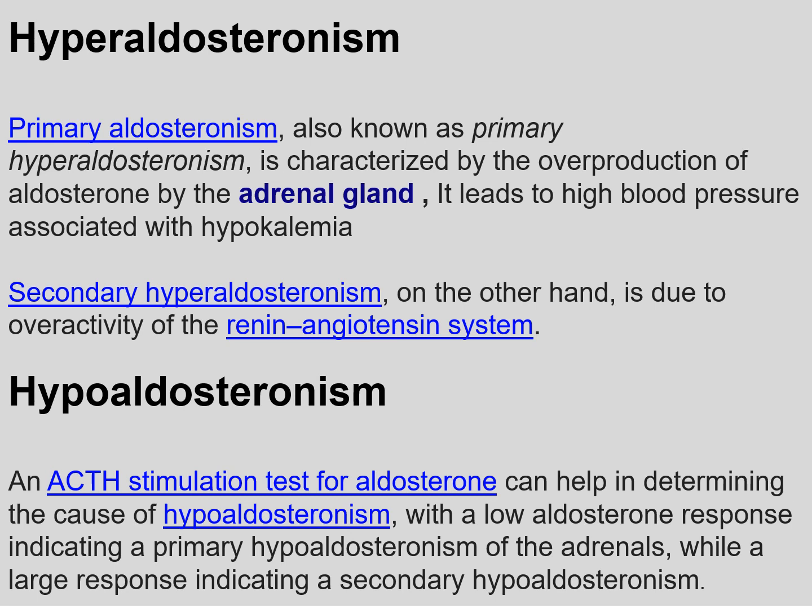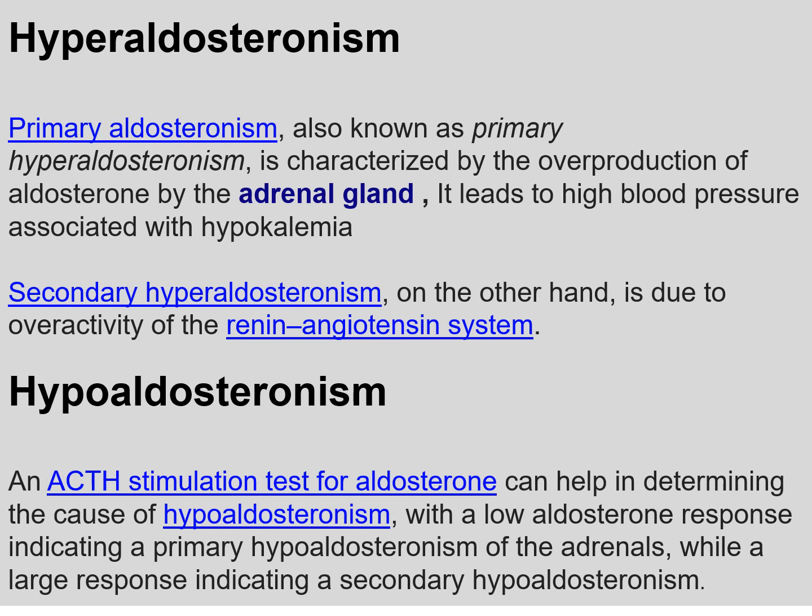So again, like that of cortisol, we have primary aldosteronism and secondary. And what happens in primary? There is overproduction of aldosterone by the adrenal gland, and the excessive amount of aldosterone leads to high blood pressure associated with hypokalemia.